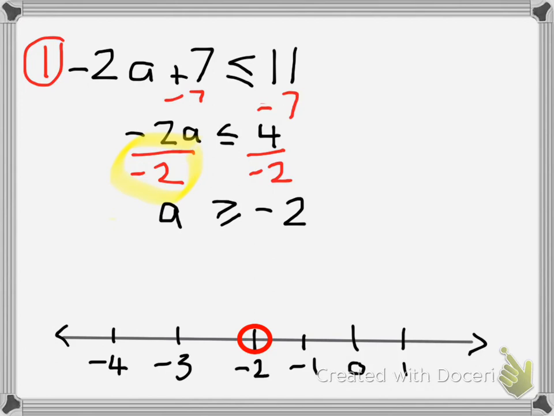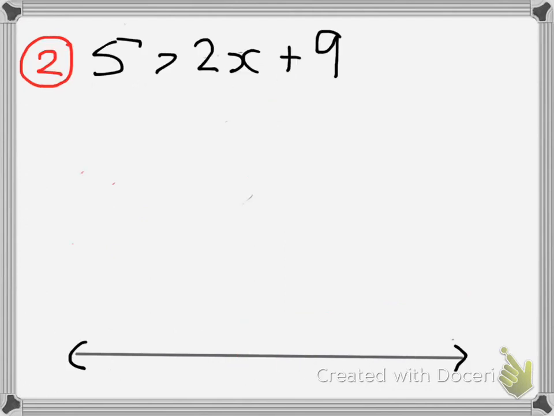Because it's a greater than or equal to, we have to colour it in. So it's got to be a closed circle, because a is equal to negative 2 as well as greater than. So we draw our arrow pointing off to all the values that are greater than negative 2, towards the right of our number line.